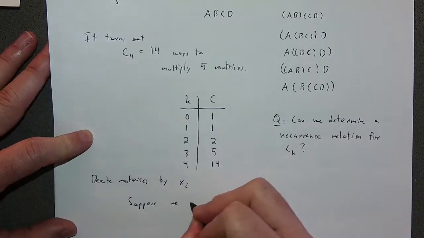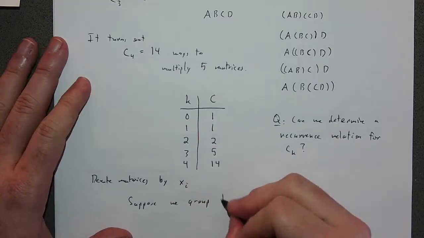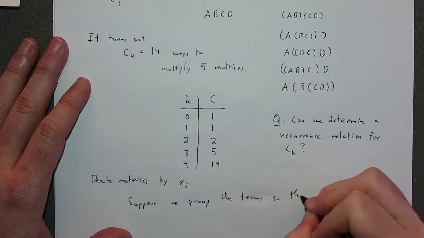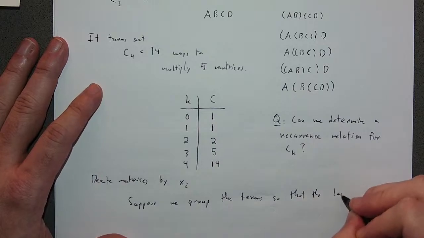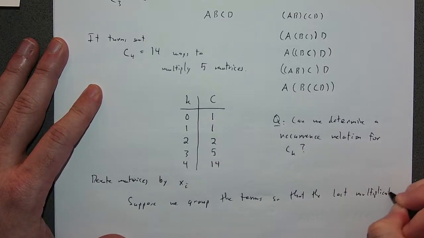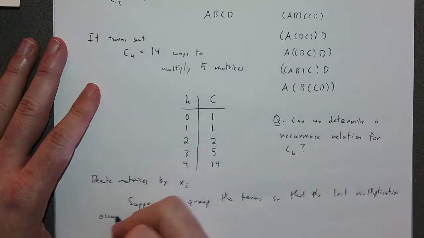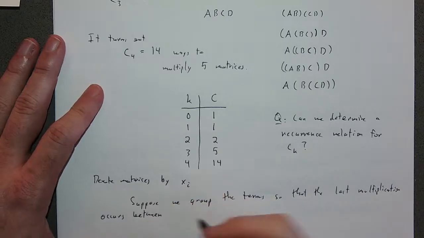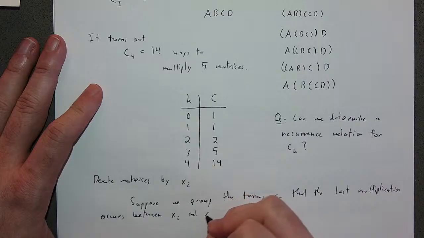Suppose we group the terms so that the last multiplication occurs between x sub I and x sub I plus 1.